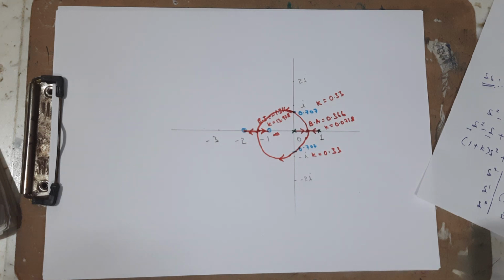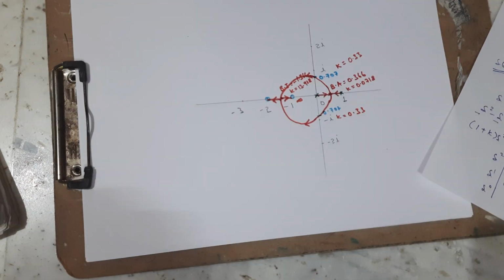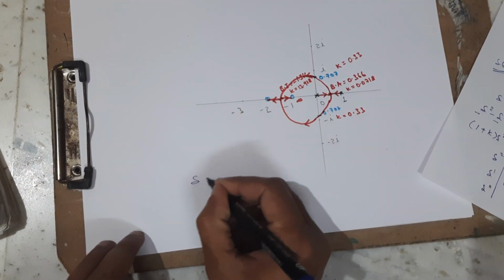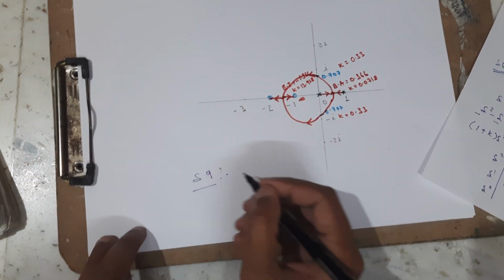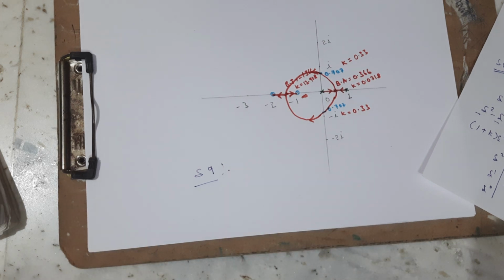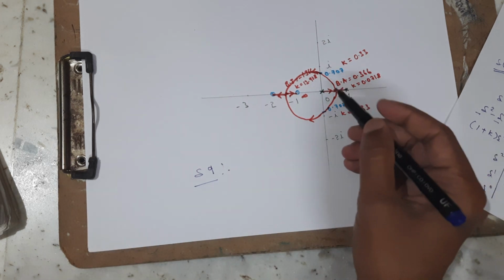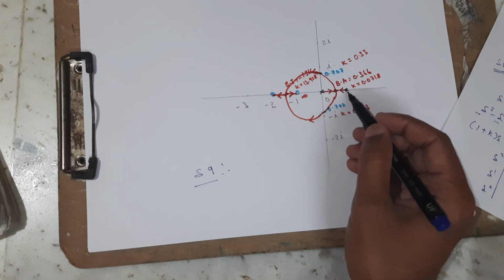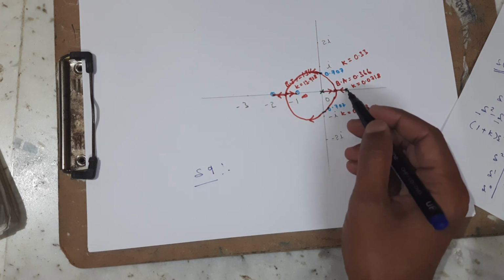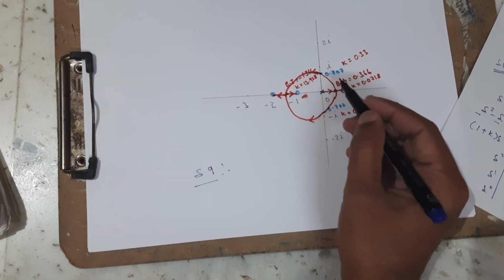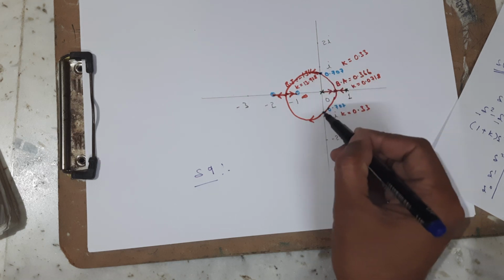Now the main thing comes, that is writing the comment. That is the last step, number 9, to write the comment on stability. See here, when I increase the value of k from 0 to 0.33, so this is the value of k.